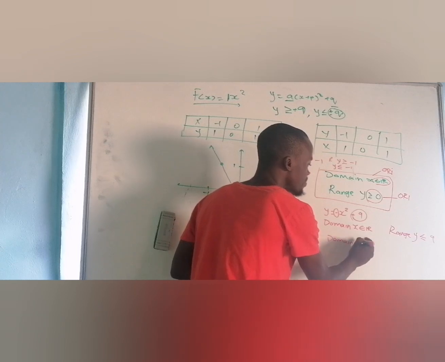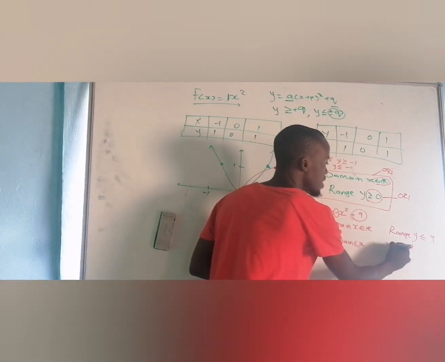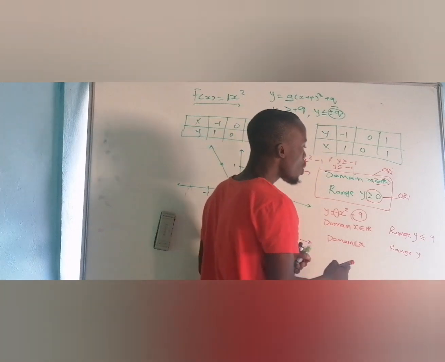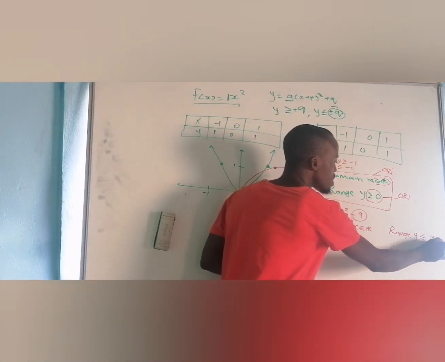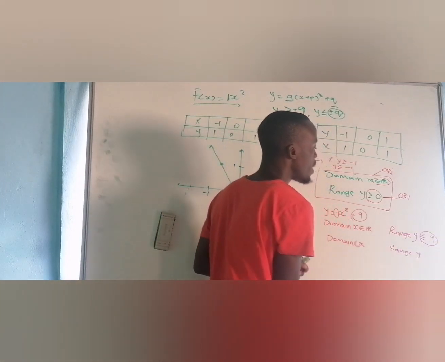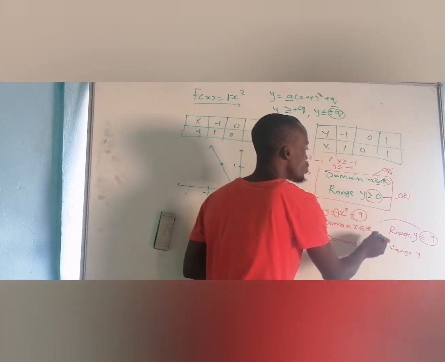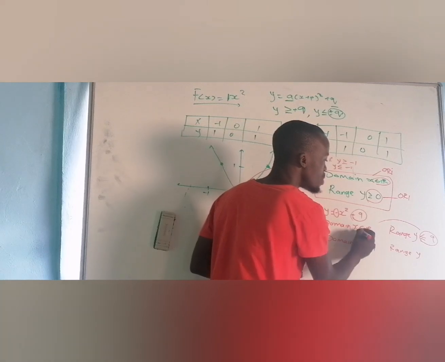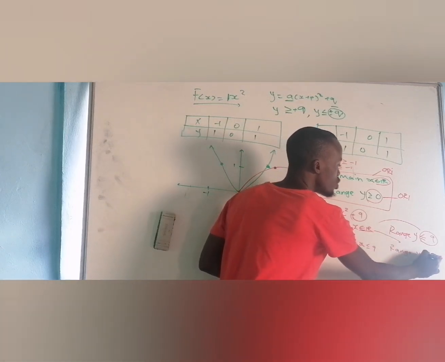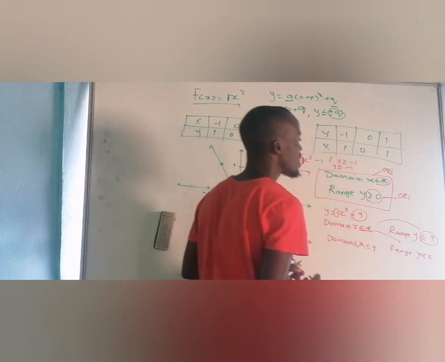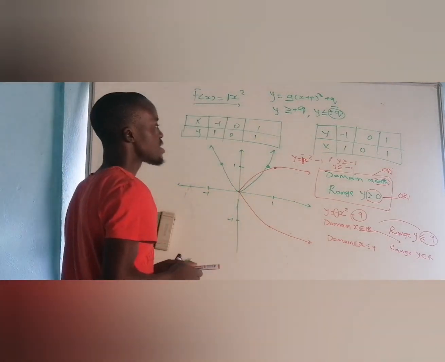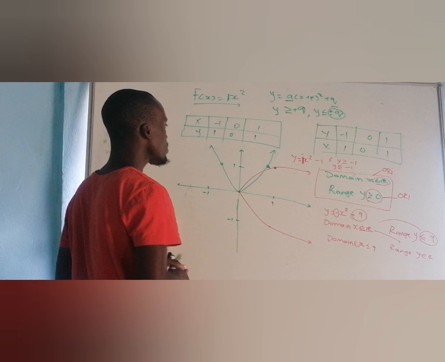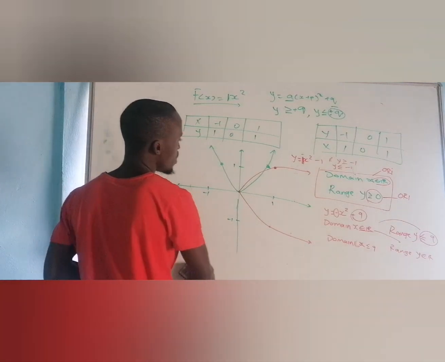The inverse is still x for the domain and y for the range, but now we won't take this and write it here, we will just swap it to go to the domain part. It will be x less than or equal to 9, and we take this one and write it there: y is an element of all real numbers. I don't know if you understand this, guys. It's very, very important, so make sure that you know this.